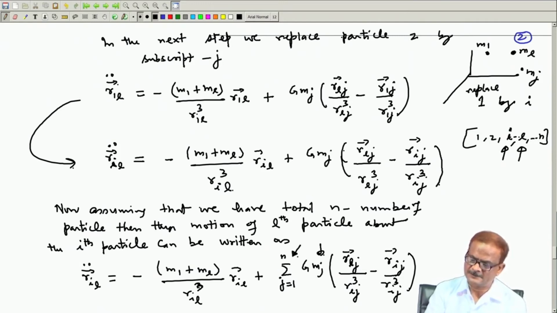So, this implies that we have to write here j is not equal to L and also j is not equal to I.